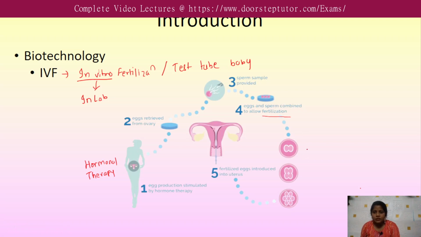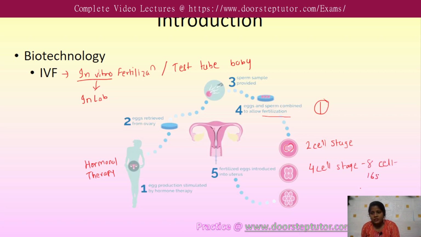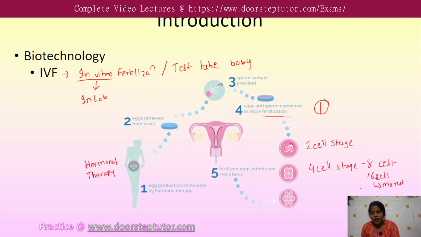After the fertilization, there is a two cell stage. This is known as cleavage. One cell divides into two. Okay, over here you can see two cells. After that, four cell stage, then eight cell stage, 16 cell stage, which is also known as the morula.